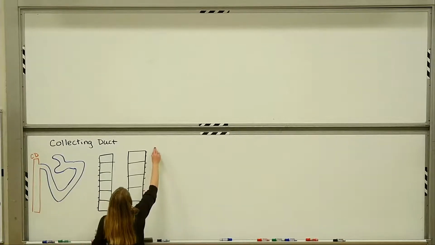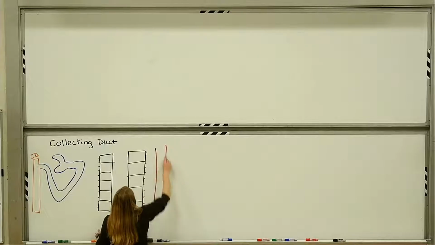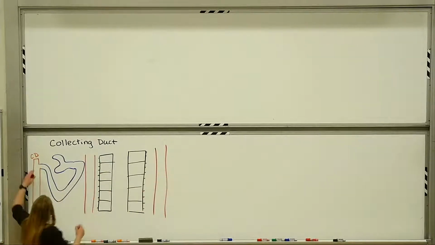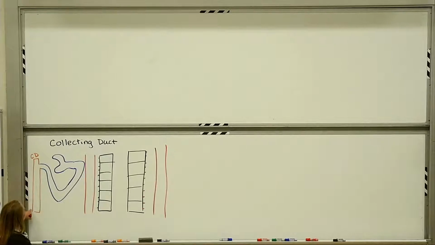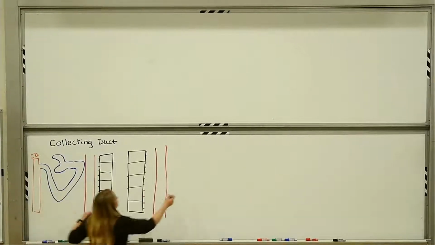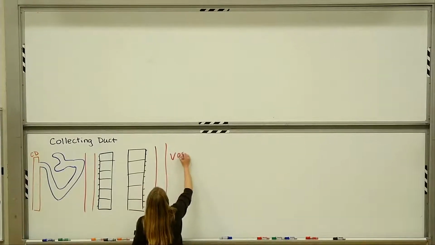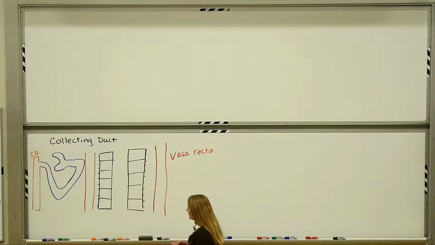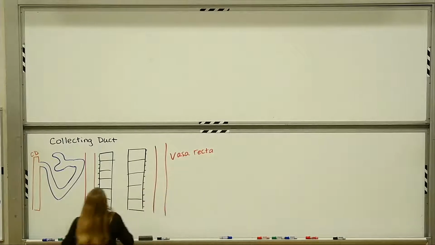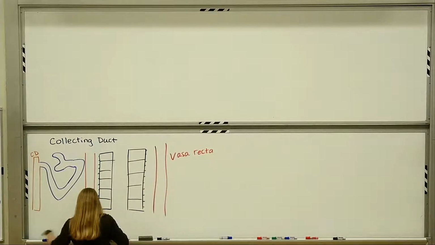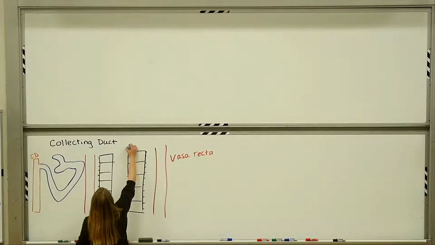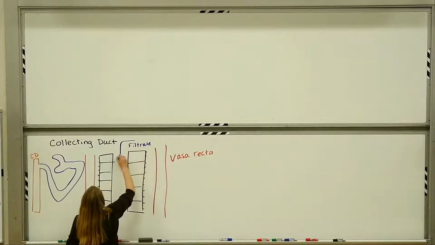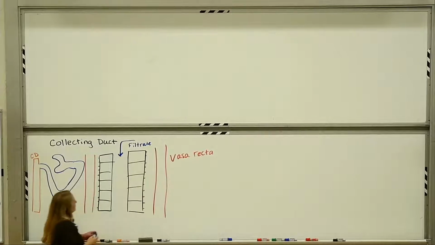We'll have vasculature that's going to surround it. But because this is moving down the medulla, this is going to be vasa recta. Okay, so you would have filtrate coming from the DCT. It's going to come around the corner and start moving down the collecting duct.